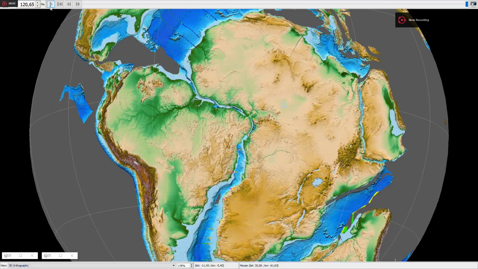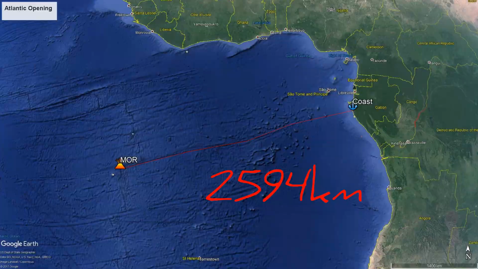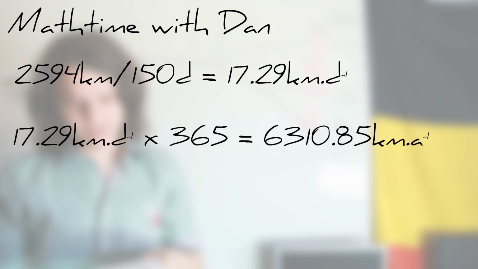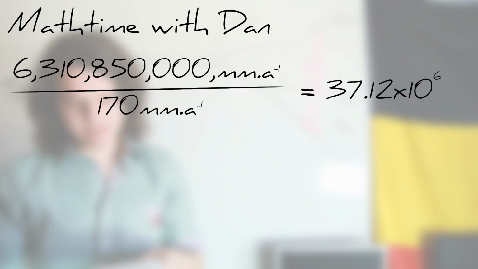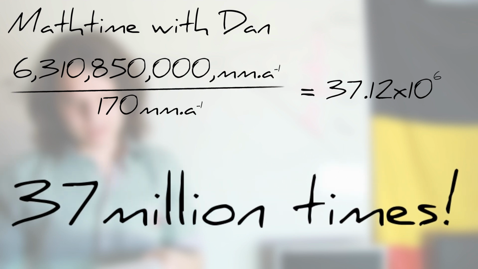so it would have left the Earth looking like, well, this. Now the distance of the opening of the Atlantic Ocean is roughly 2,594 kilometers. So 2,594 divided by 150 would give us 17.29 kilometers per day, or about 6,310.85 kilometers a year, or about 37 million times faster than in real life.